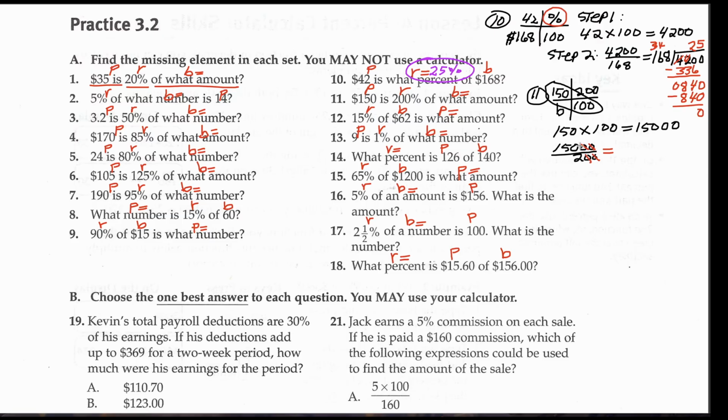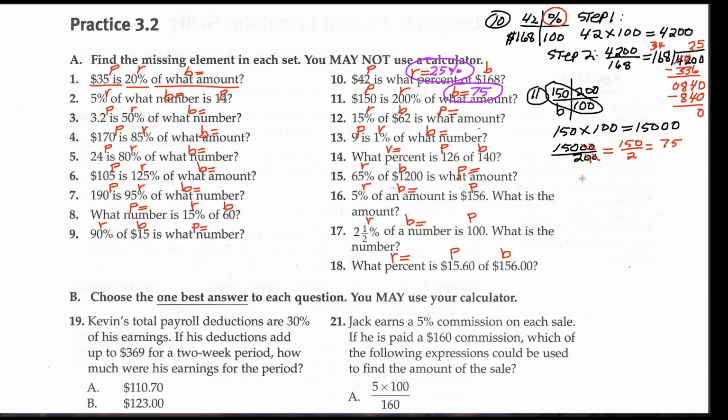So now you have 150 divided by 2. You should get 75. 75 is the base. So let's put 75 right there.